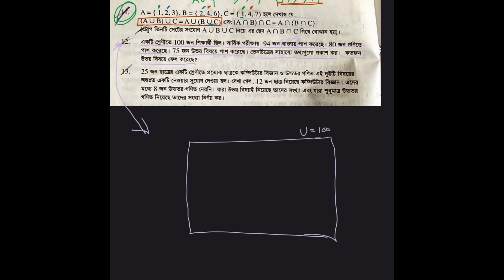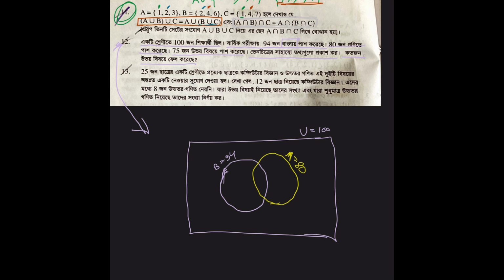Say this circle is the number of students who passed in Bangla, which is 94, and the number of students who passed in math is represented by this circle, and this is 80.